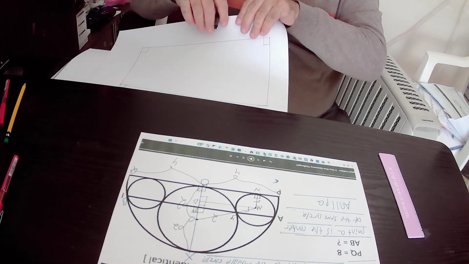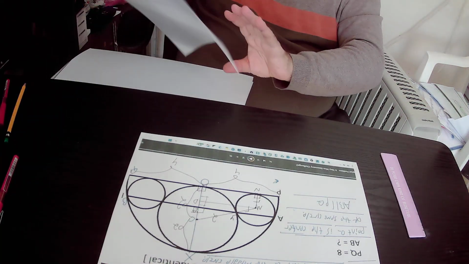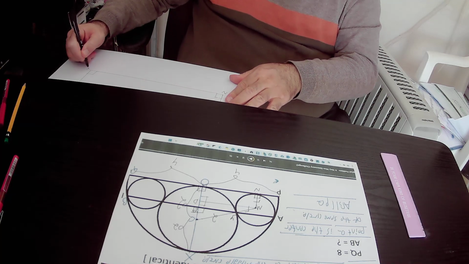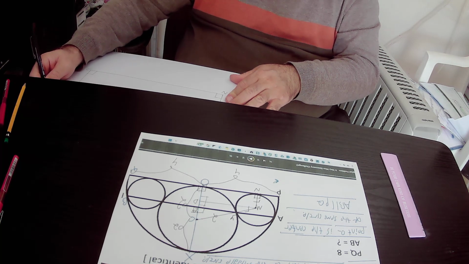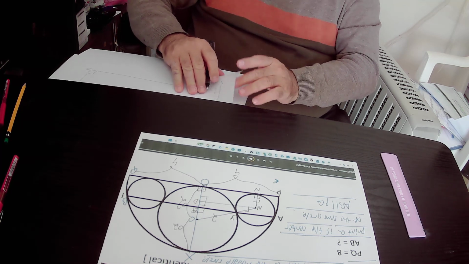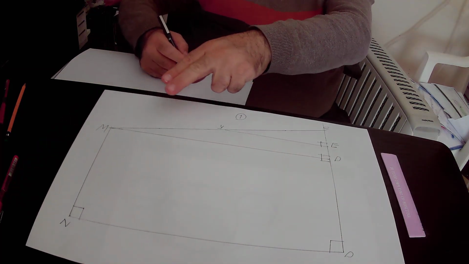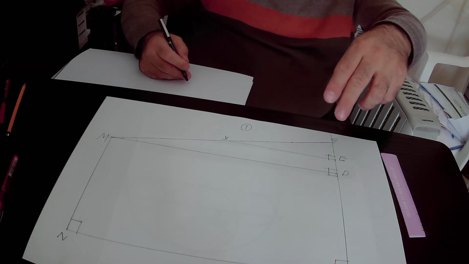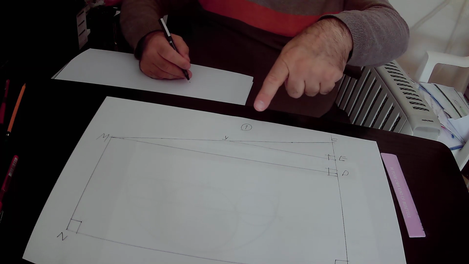So I copied again the quadrilateral MNDO and the right triangle CDM, and also the right triangle CEY.